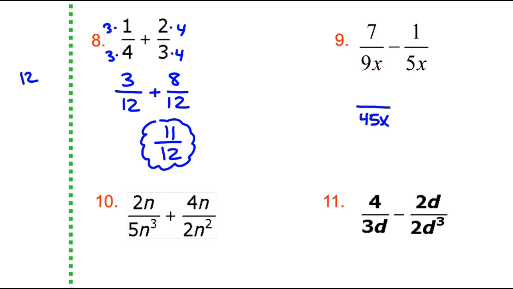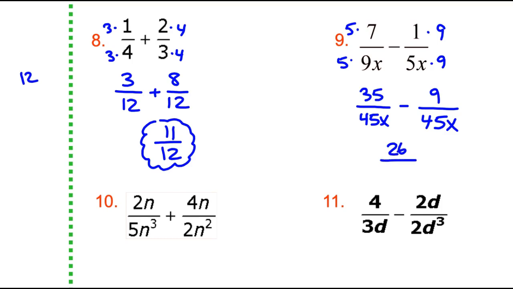Get both denominators to be 45x. Let's multiply that one by 5 over 5 and this one by 9 over 9. And so we have 35 minus 9 over 45x, which is 26 over 45x.